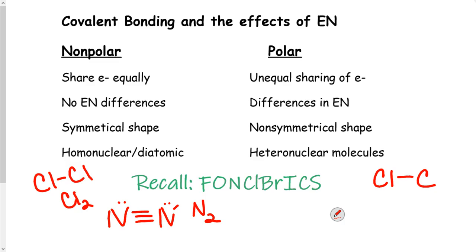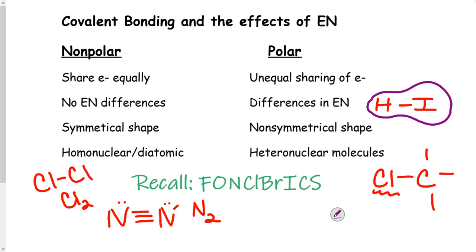Now, a carbon is also going to have other things bonded to it, but the electronegativity between the chlorine and the carbon would be different because it's 2 different atoms. A smaller version would be hydrogen combined with iodine, 2 different atoms. And we can look at the electronegativity differences. As you saw on the previous slide, they do swell out, giving you a non-symmetrical shape. Versus whenever you have 2 of the same atom combined, they're going to look symmetrical because the electronegativity differences between the 2 are the same.